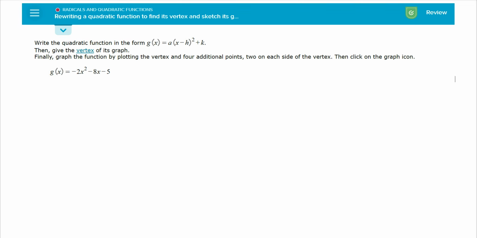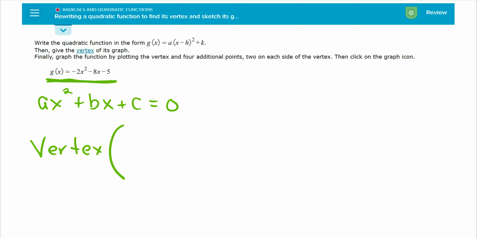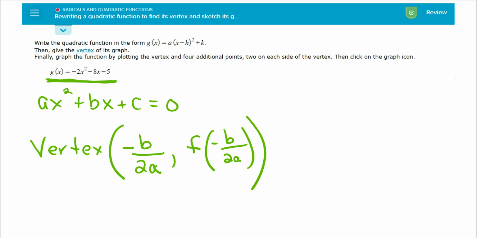Okay, so let me get this here. All right, so what I'm going to do is use this function, which is in the standard form. The standard form is ax squared plus bx plus c. When it's in that form, the vertex is the ordered pair negative b over 2a, comma, f of negative b over 2a.